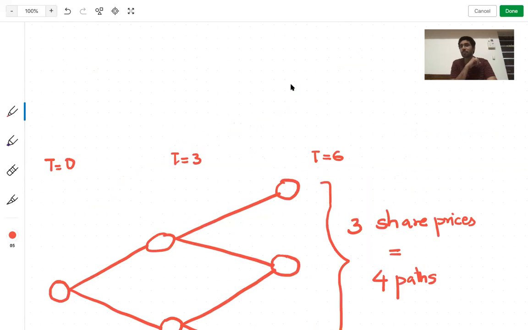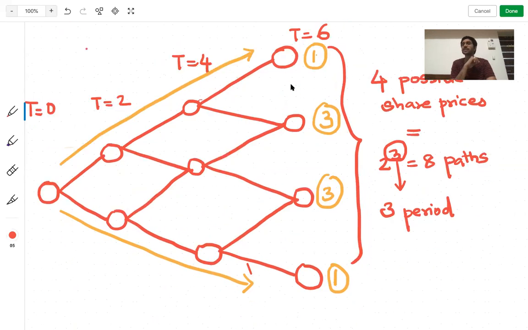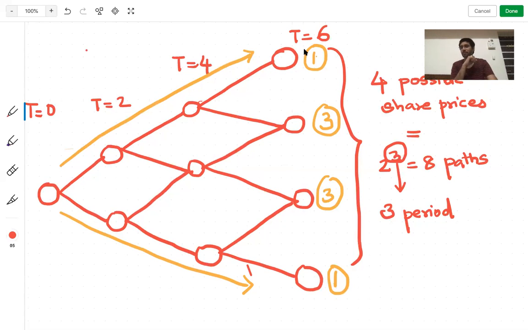In a 3-period binomial, the share price can be one of 4 possibilities. Now if we have broken it down into infinite small time steps, the share price at t equal to 6 can be a huge range of outcomes, and that is how the real world works, right? At t equal to 6, nobody can predict that the share price will be either this or that. The share price can be a range of outcomes, which is what we are going to arrive at.